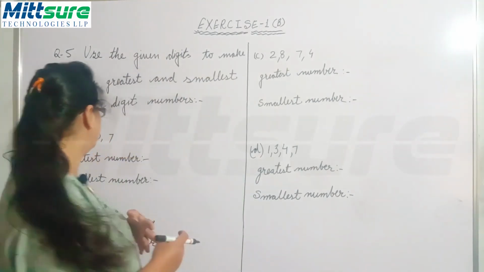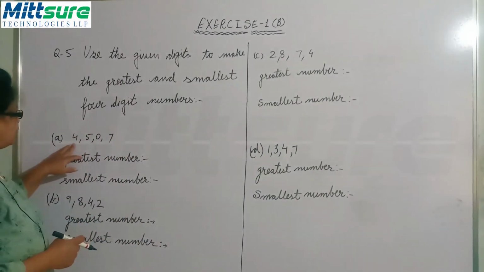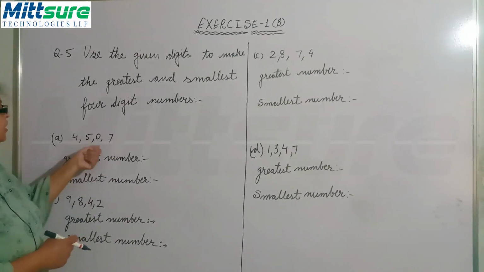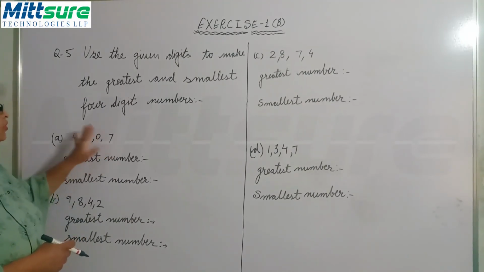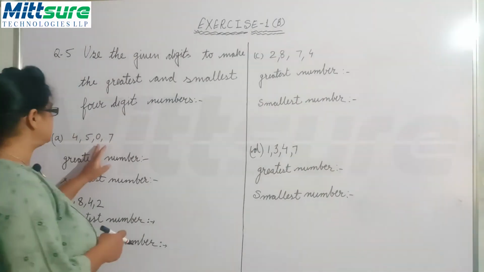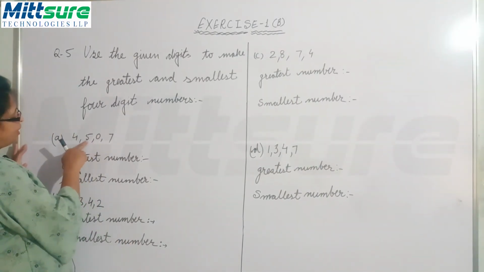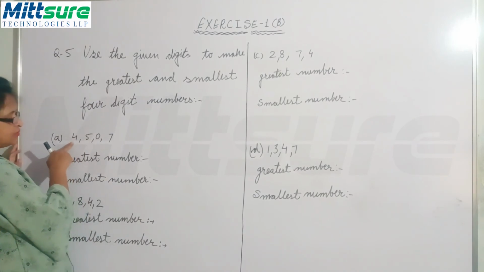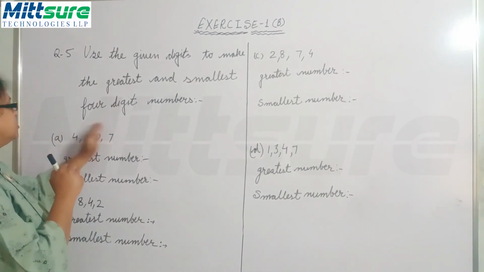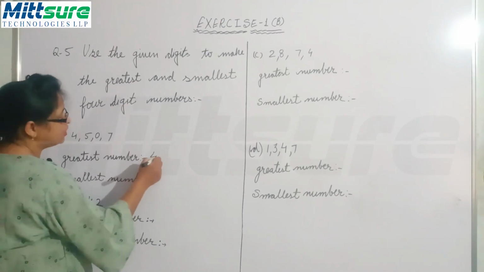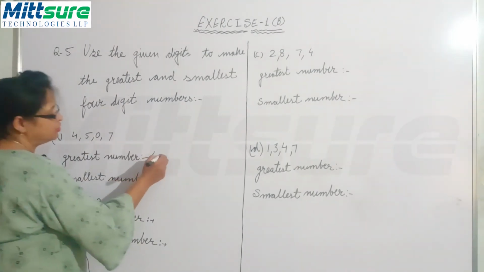Now look at the board. Number A digits are 4, 5, 0, 7. Here 0 is given, so for the smallest number we put the 0 after the first digit. If we ignore the 0, the smallest digit is 4. Now we will put the 0.